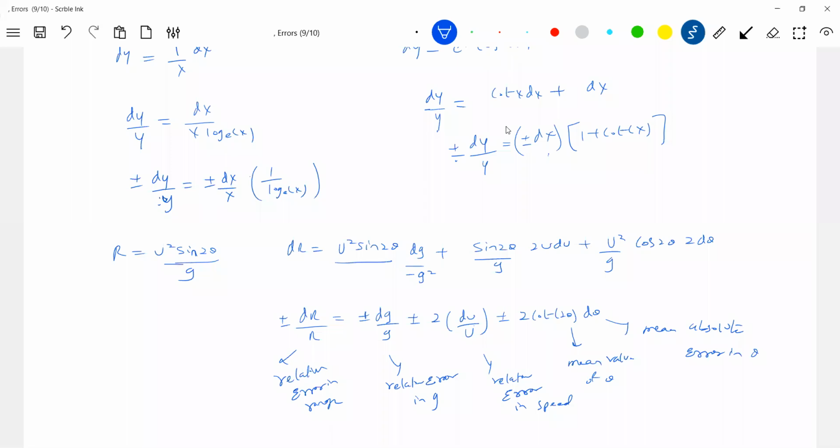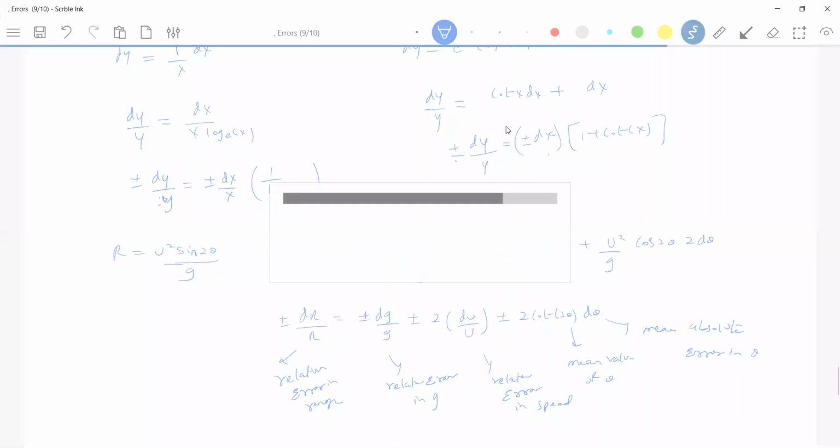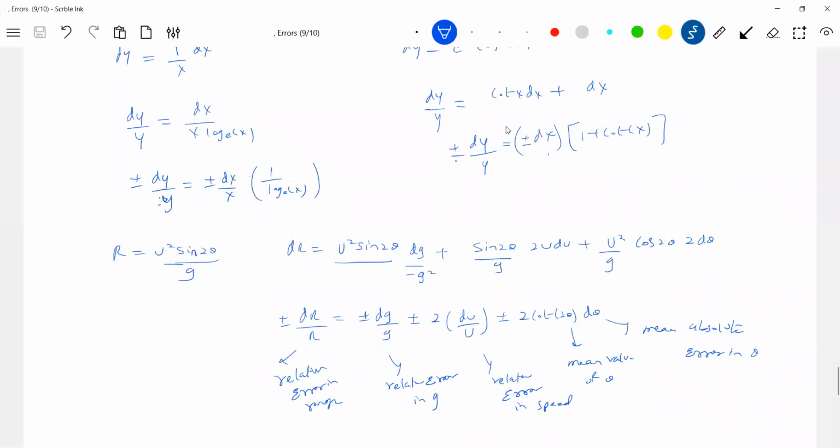Okay, let's take some exponential. Error propagates in a very random way here. Like we have some speed, v equal to v naught times 1 minus e to the power of minus bt, where b is a constant. B is a constant; it will not have any variable.